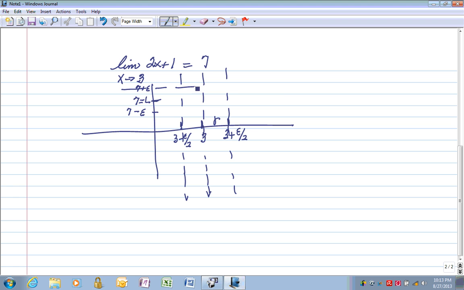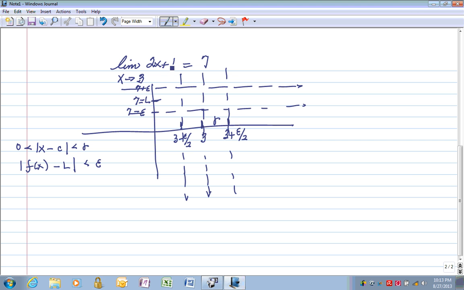I'll have horizontal slash lines here. And if you look at the first page, or look at your definition of limits, all of this was inequalities. Remember, it was 0 less than the absolute value of x minus c less than delta. It was a less than sign. The absolute value of f of x minus L less than epsilon. That's why everything is slashed.